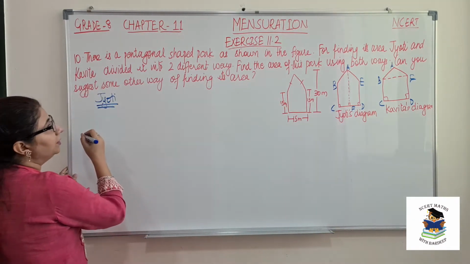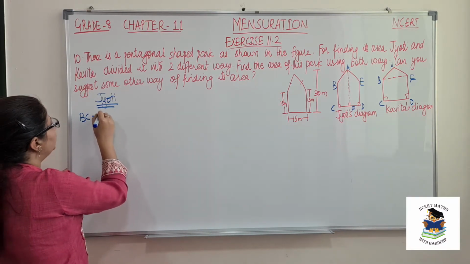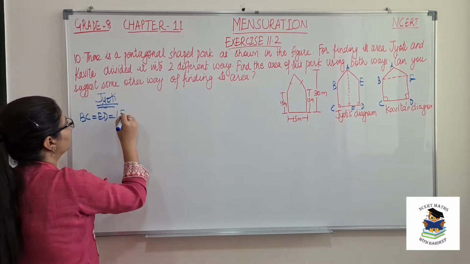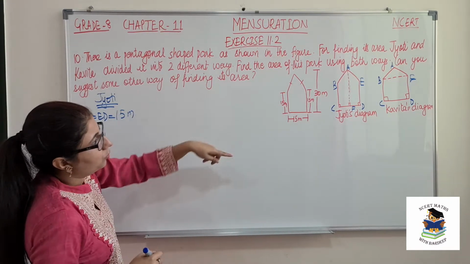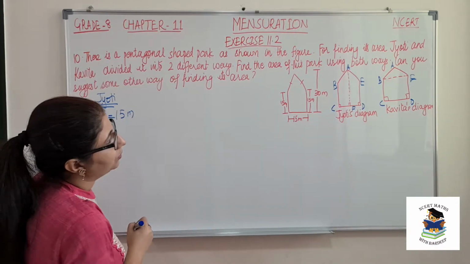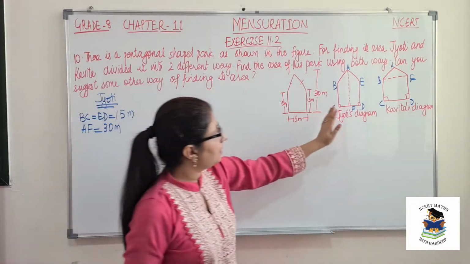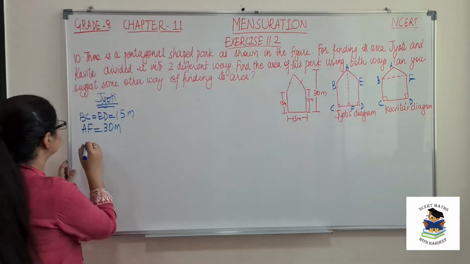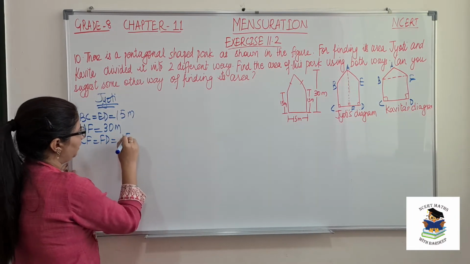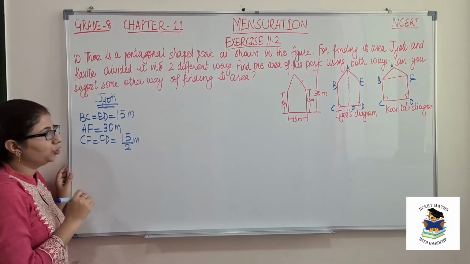So let's write here BC is equal to ED and this is equal to 15 meters. Full AF is equal to 30 meters and this CF is equal to FD. Overall it is 15. When it is divided into two parts, each will be 15 by 2 meters.